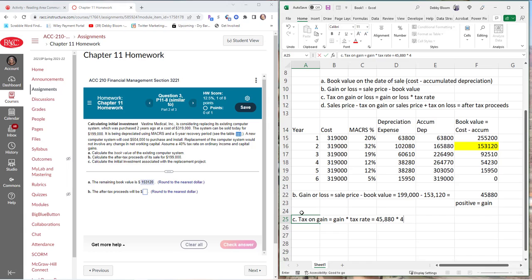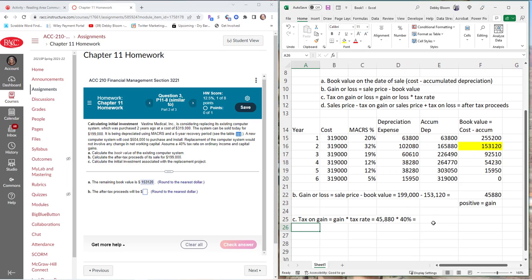A tax rate of 40% was given in the problem. So all I have to do is take the amount of the gain, 45,880, and multiply that by 40%. And I'm going to pay a $18,352 tax on the gain.